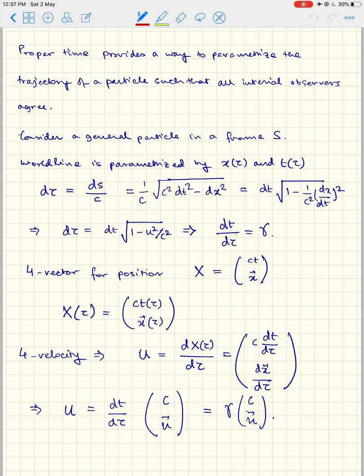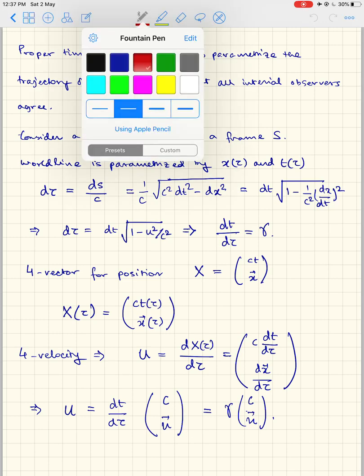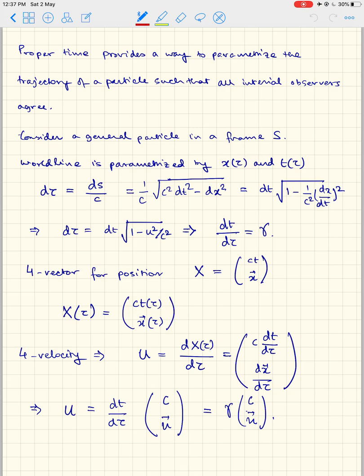You could write them down if you wish. And what we find is that dt and d tau are related by a factor of gamma again. So that was very useful. Now we have a relation between the time experienced at a frame S and the proper time that's given by gamma.